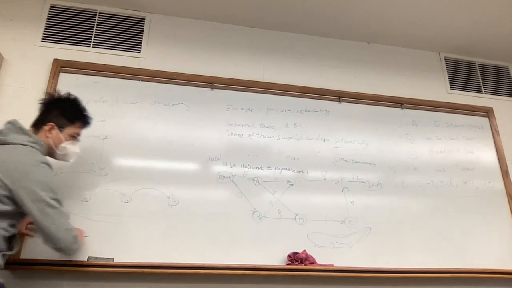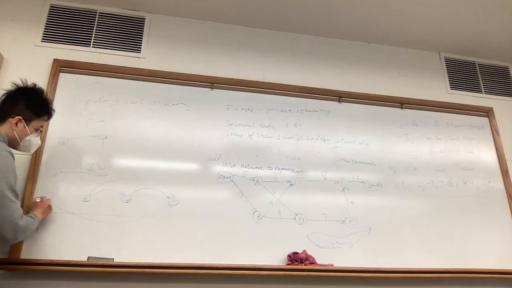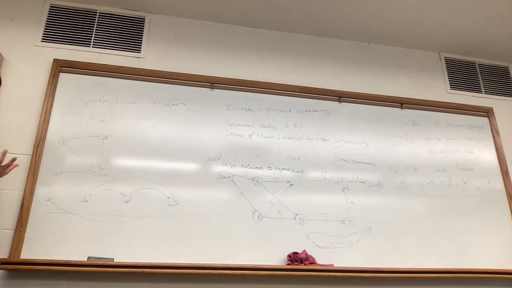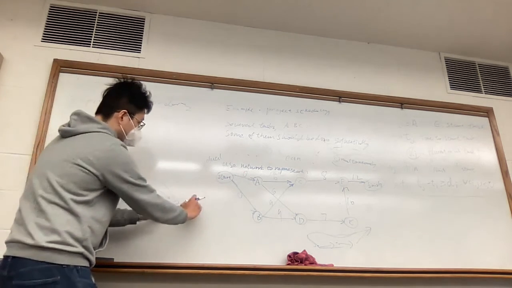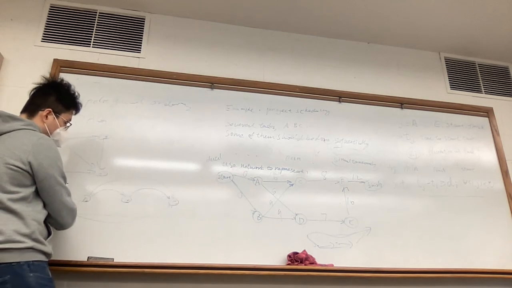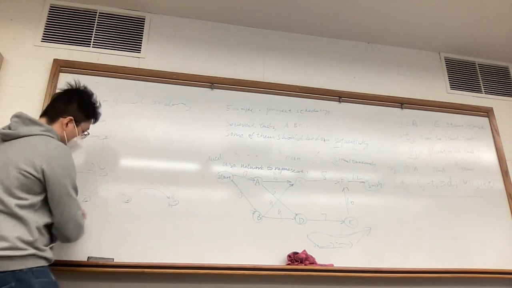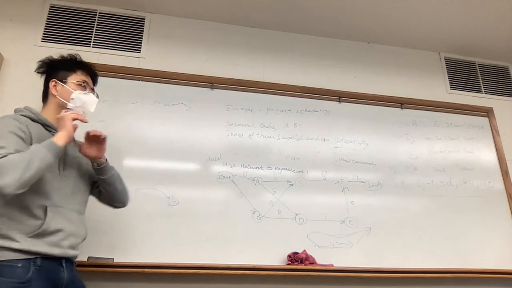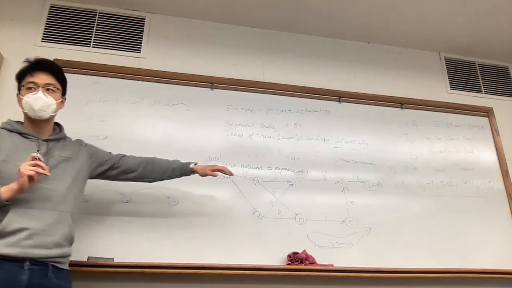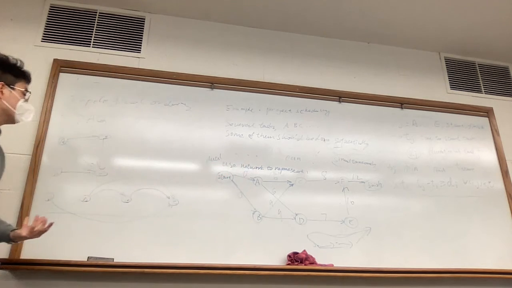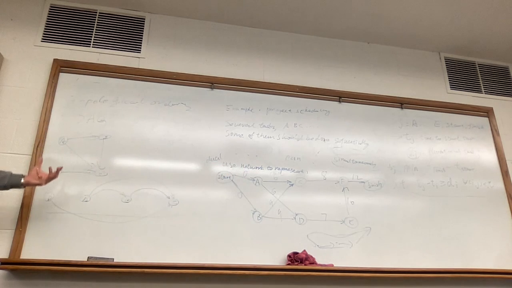So in a topological ordering of a DAG, the nodes that appear earlier are those lower level courses, say 100 level, 200 level courses. And as you go from the nodes with a lower ordering to a higher ordering, you go to more advanced level courses. So that's the reason why topological ordering is quite important.